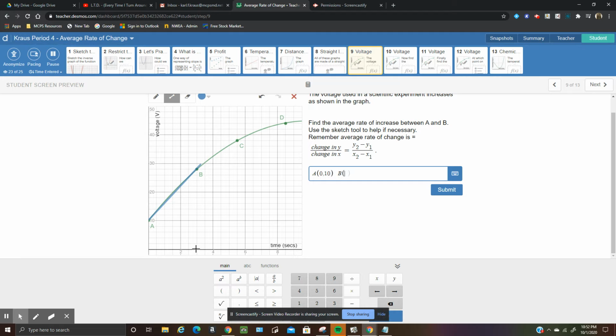So it's halfway between 2 and 4, so that's a 3. And each of these tick marks is 2, so 20, 22, 24, 26, 28. So (3, 28).